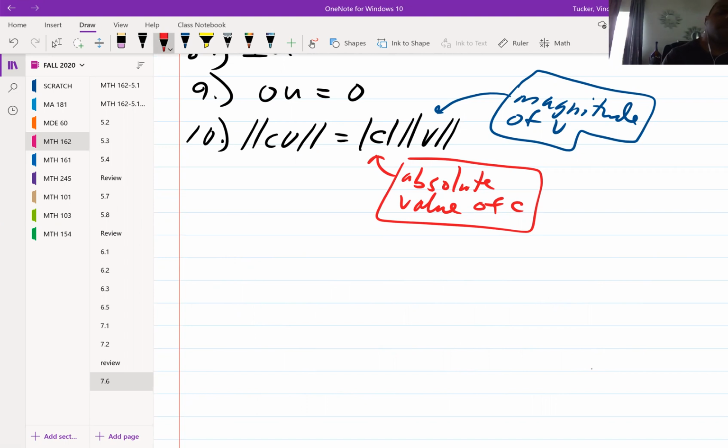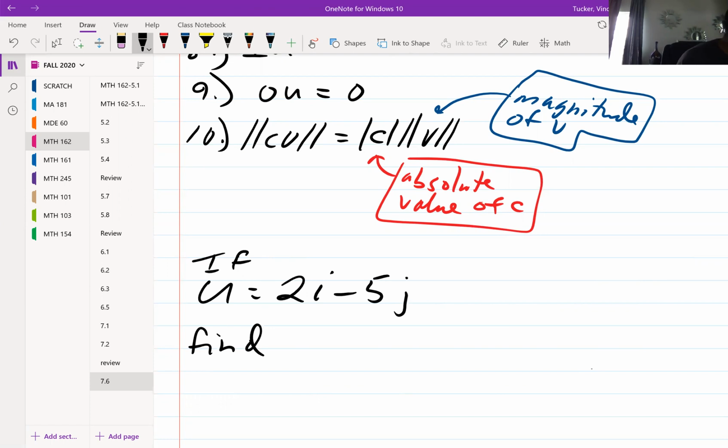So if u is equal to 2i minus 5j, find the magnitude of negative 2u.